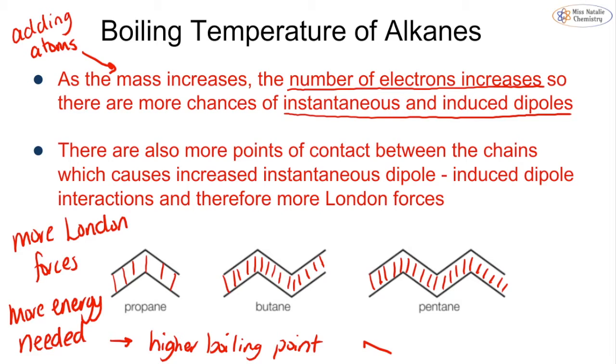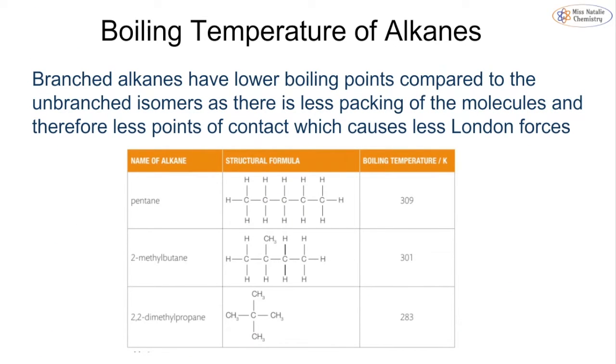Okay. Now, if we're looking at branching as well, then we see a trend that our boiling points are going to get lower in comparison to our unbranched. So if we look at the isomers of pentane, you can see that all of them are going to be C5H12. Pentane is your straight chain.